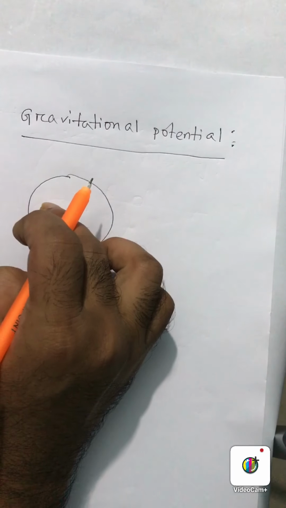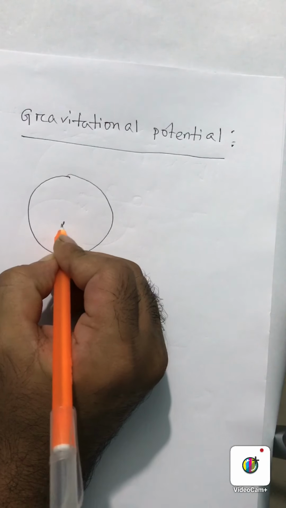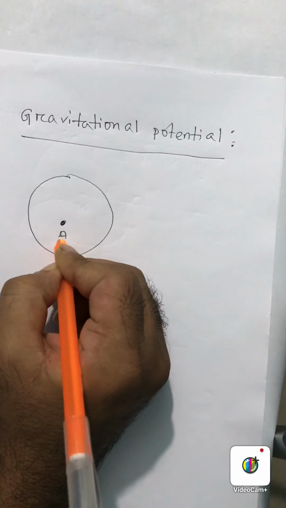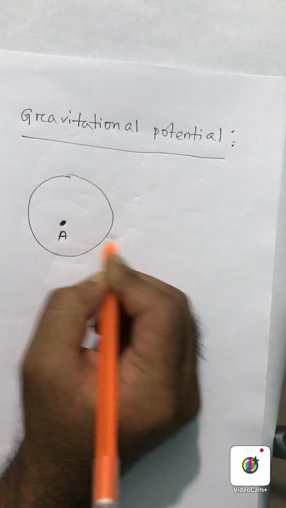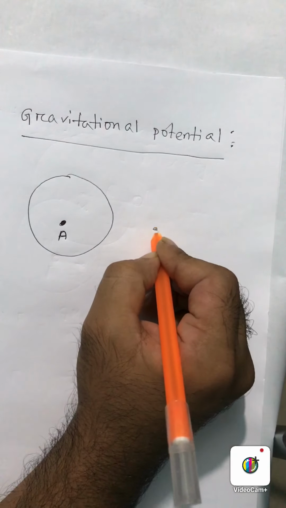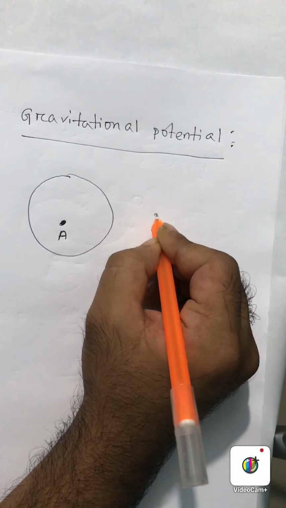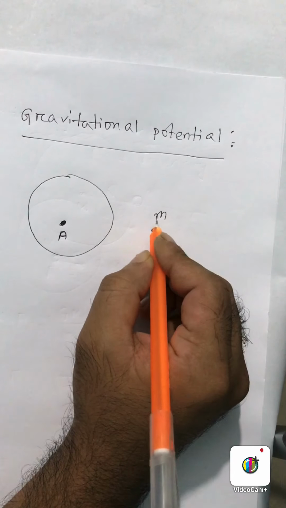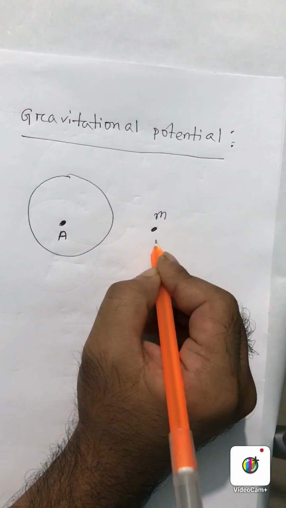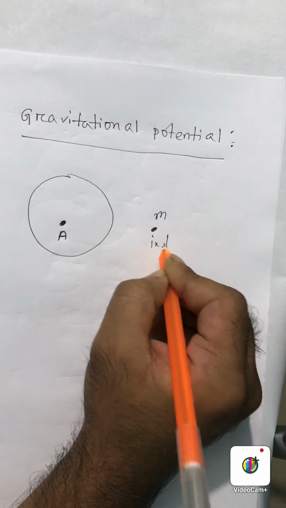This is the region of the gravitational field of object A. An object of mass small m is at infinite distance.